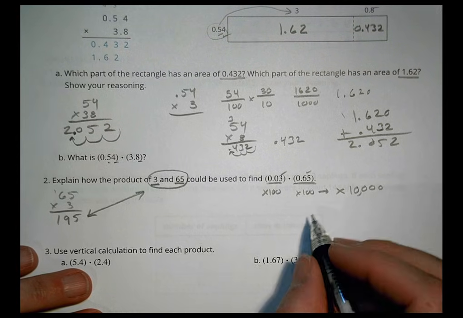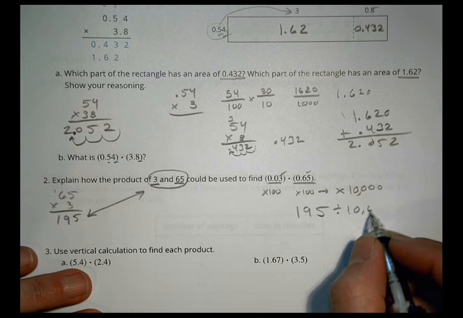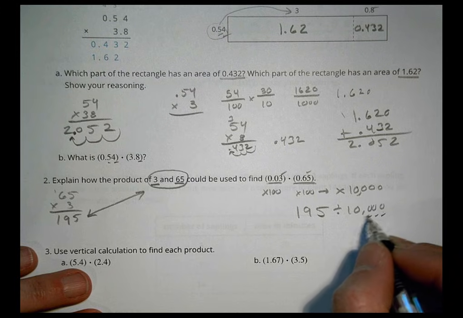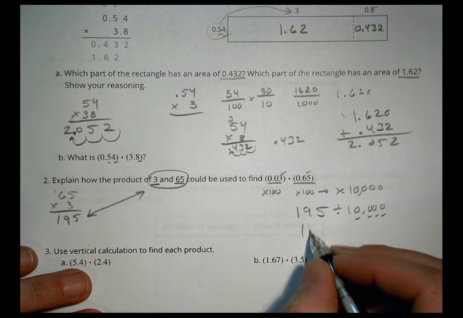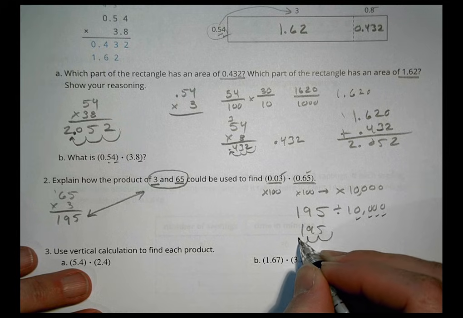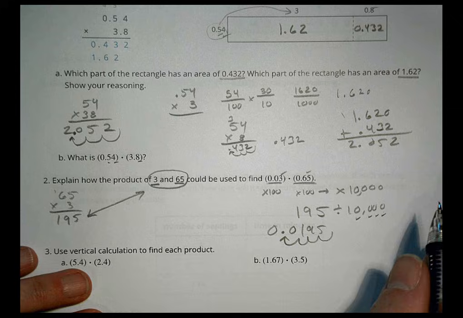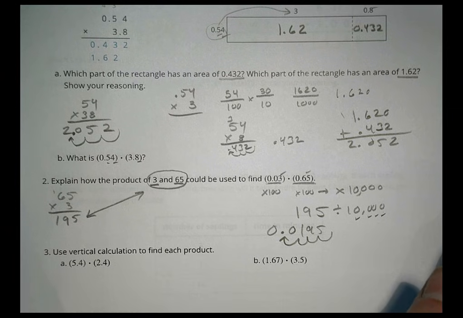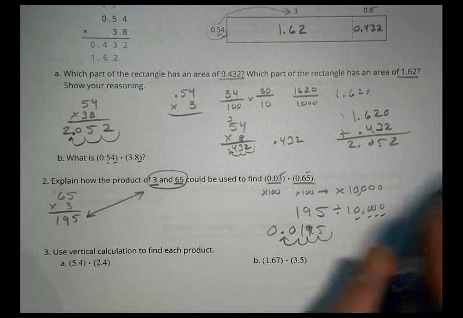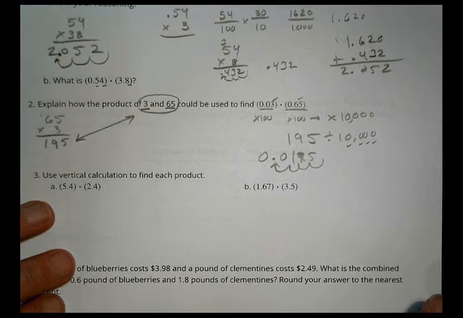So when I end up with an answer of 195, I need to divide that by the same 10,000 to put it back in decimal form, which is the equivalent of moving the decimal point back 4 places, 1, 2, 3, 4, to have a solution of 0.0195. Okay, and that's the idea. But you want to probably write that out plus some words, which I'm guessing is what the teacher would like you to show.